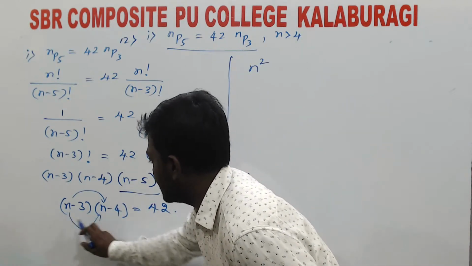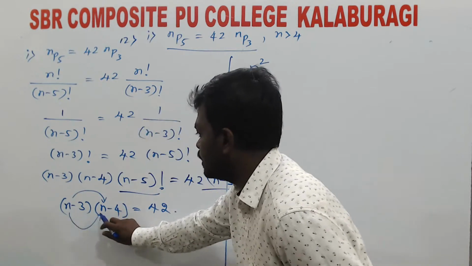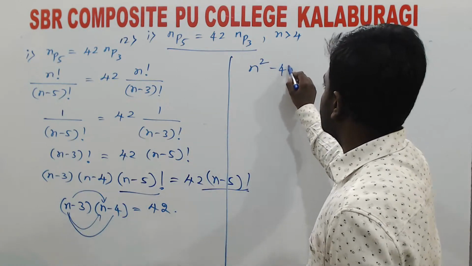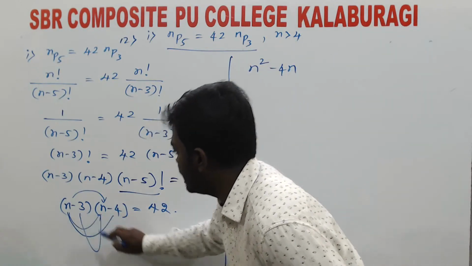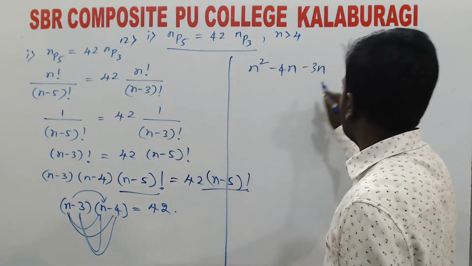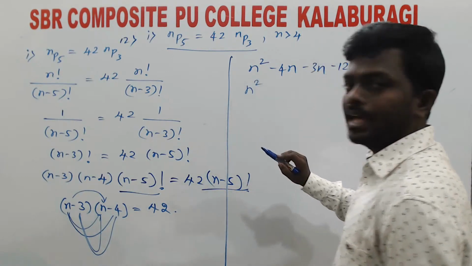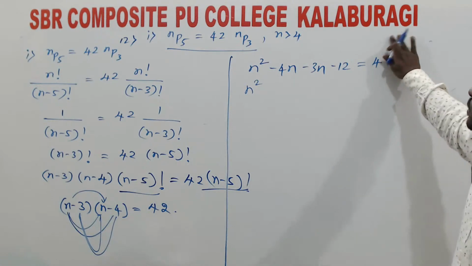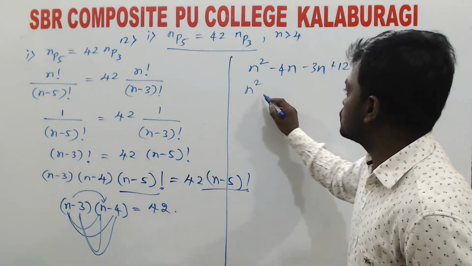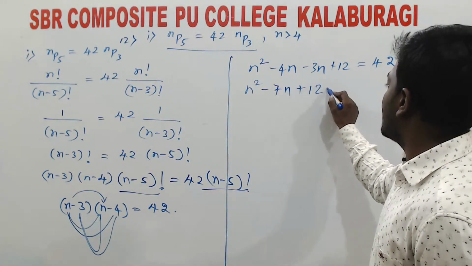Right. First multiply the n with the second bracket. n into n is n square, n into minus 4 is minus 4n, then minus 3 into n is minus 3n, then minus 3 into minus 4 is plus 12, students, equal to 42. So n square minus 4n minus 3n is minus 7n plus 12.